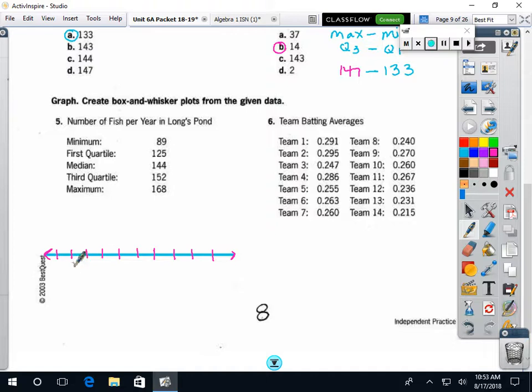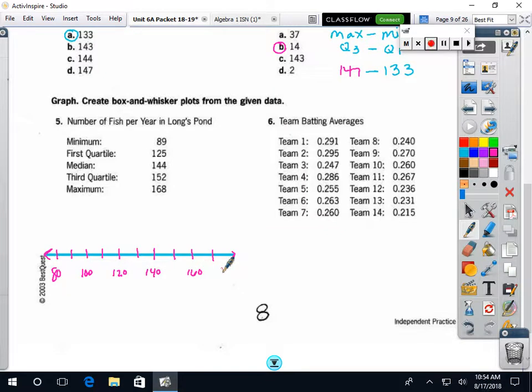So we're scaling it from 80 so that it will include room for the 89, the minimum, all the way up to 170 so there'll be room to plot the maximum. It's going by intervals of 10, but I'm just going to write every other interval. So that's 90, that's 100, that would be 110, this would be 120, 130, 140, 150, 160, and then that line would be 170.